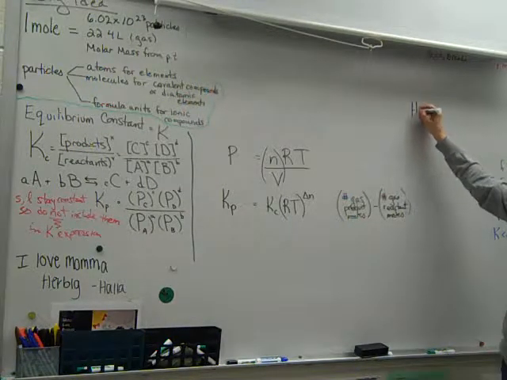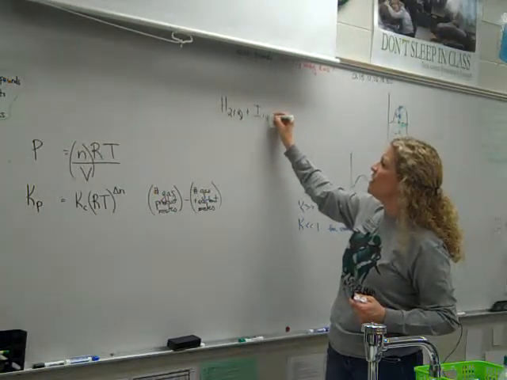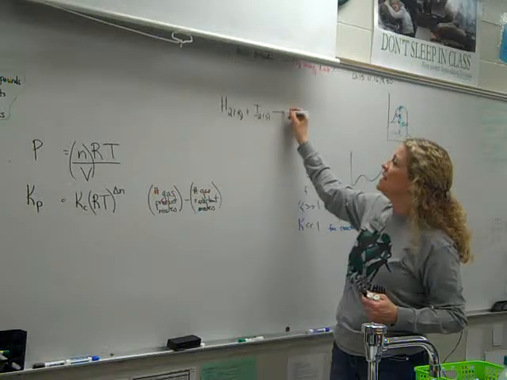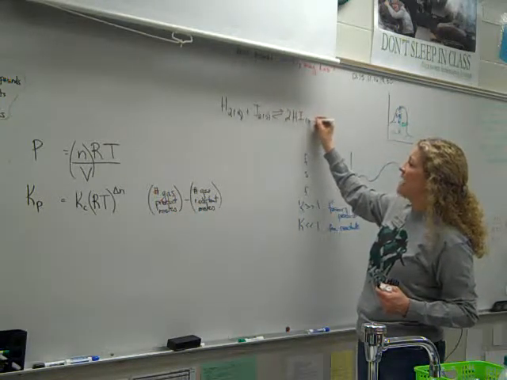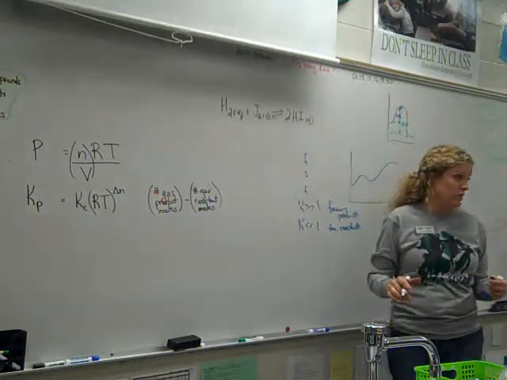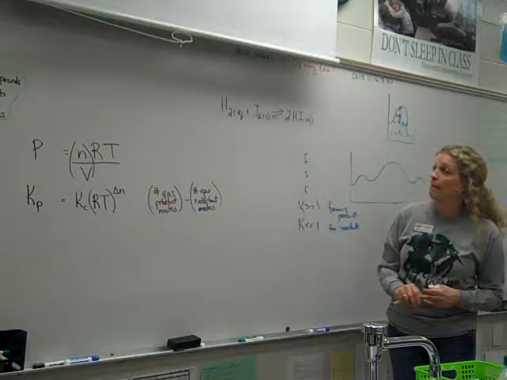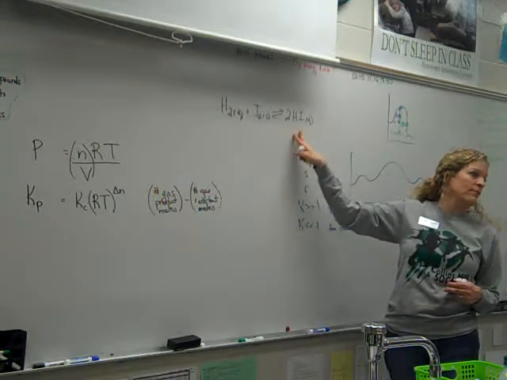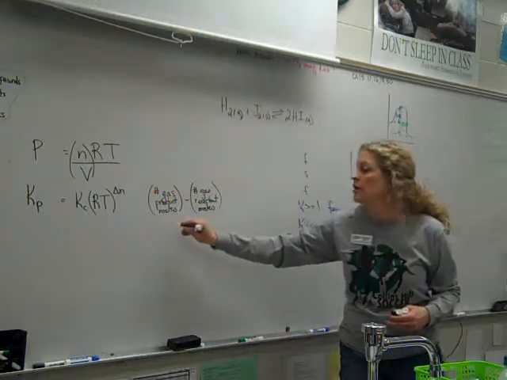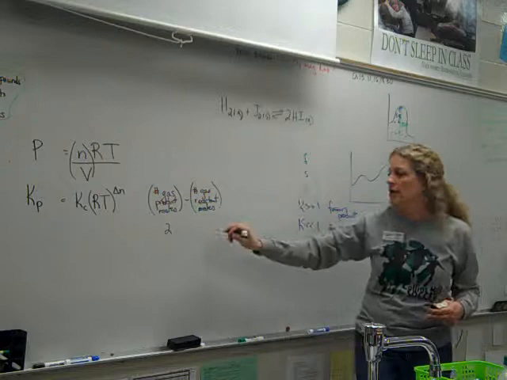So like for this one, if we had hydrogen gas plus iodine solid yields hydrogen iodide gas, if that was our reaction, then what would our delta n value be? Let's see. How many product moles do we have? 2. How many reactant moles do we have? 1.